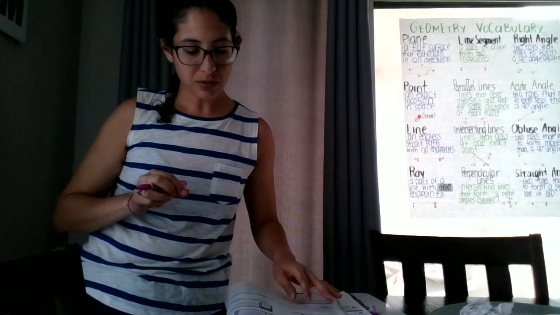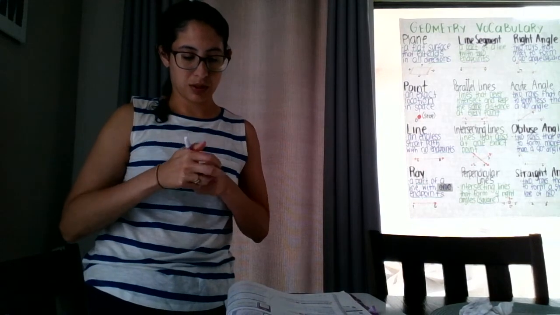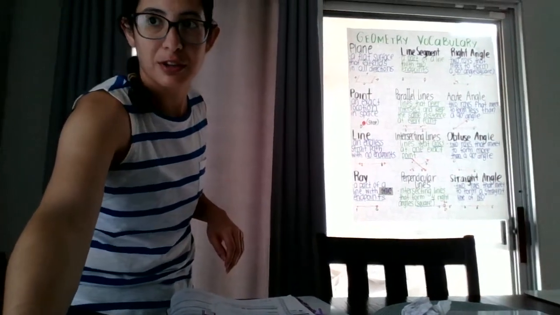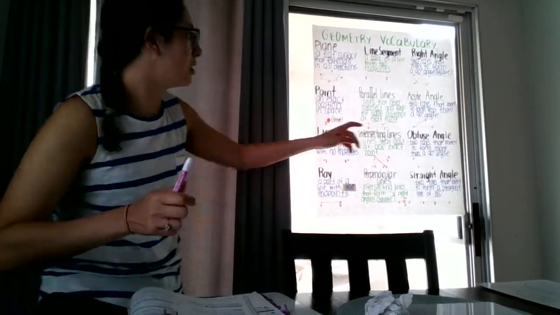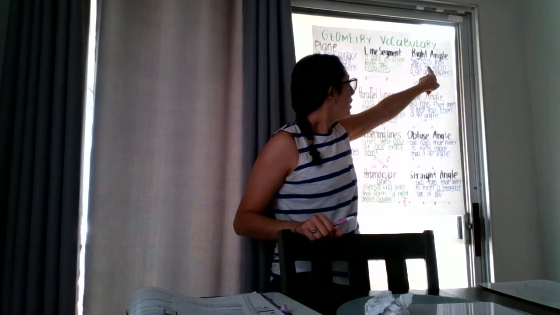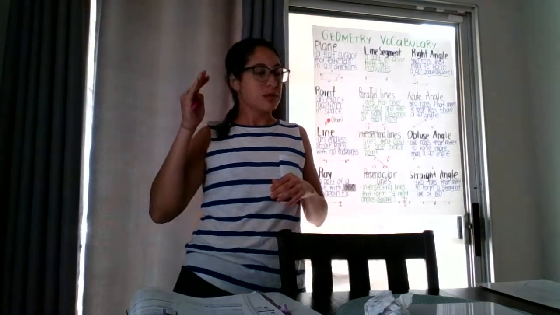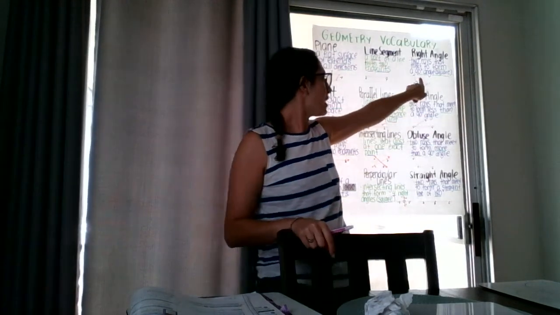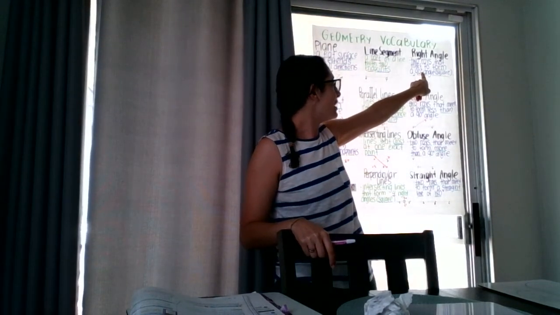Okay, so last week I was telling you, I know it's really far, but my computer's charging, so I can't take it closer. Last week I told you that a right angle has two rays that form to make a square angle. And I was saying that that angle measured 90 degrees.